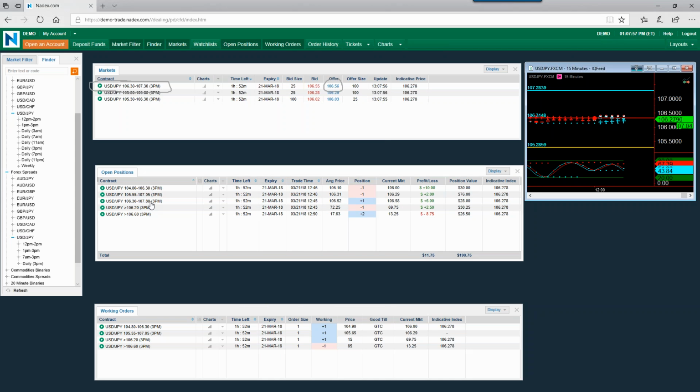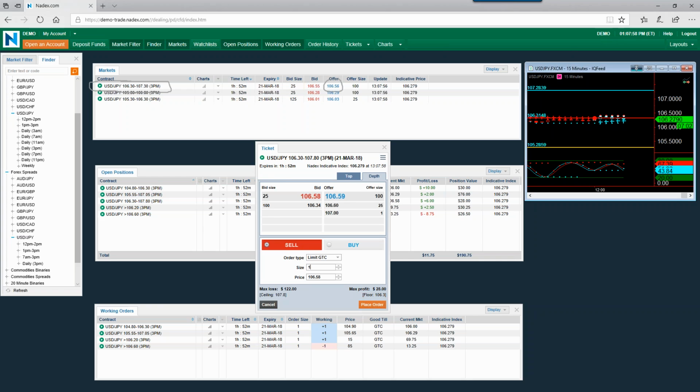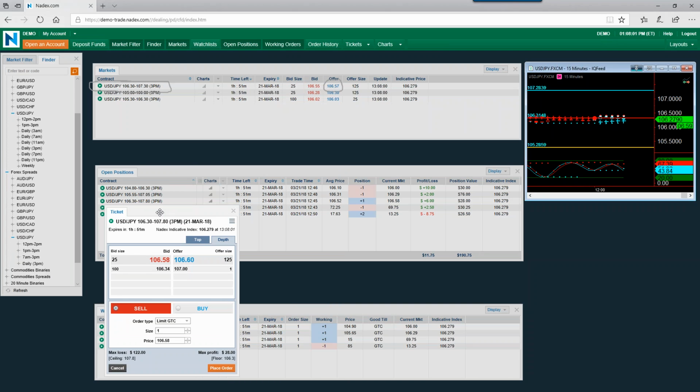And we can also do that on this one. And again, look at your prices, okay? My entry price was at 52. The ceiling price is 107.80. So in this example, I'm going to set my target at 107.65, okay? It's $15 under the ceiling, okay?